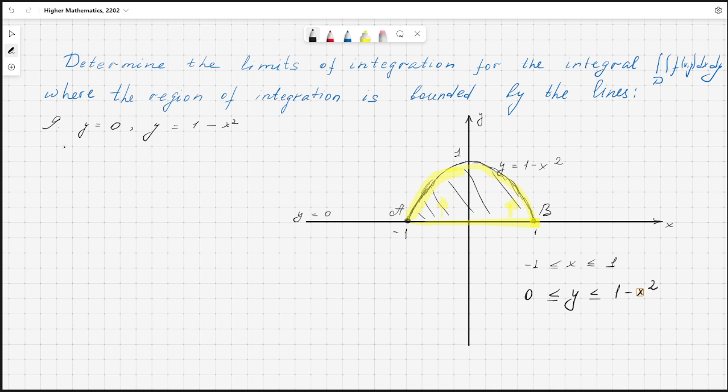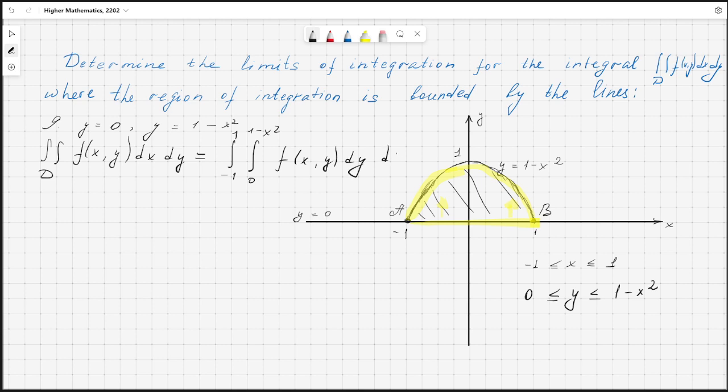Because of it, our integral over D of f of xy dx dy will be equal to integral, firstly, from -1 to 1 of integral from 0 to 1 minus x squared of f of xy dy dx. Is it clear? Understand it? Yes.